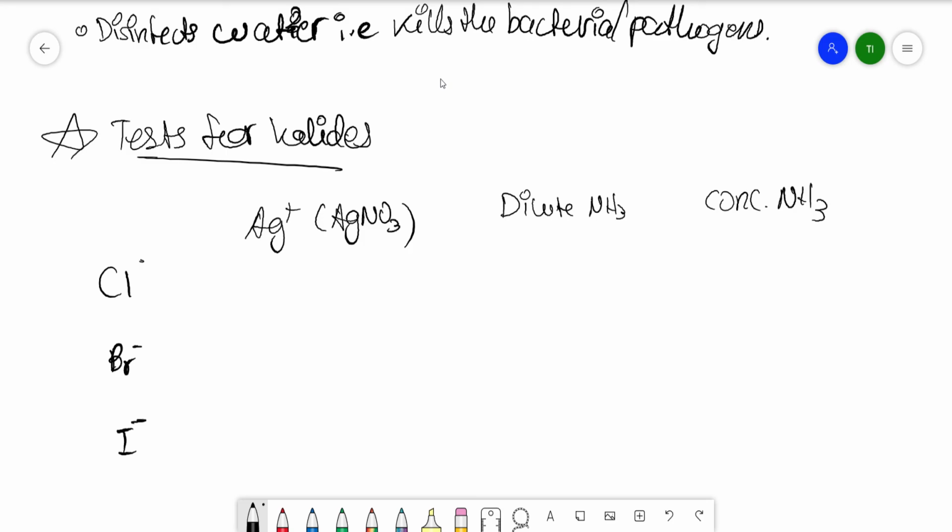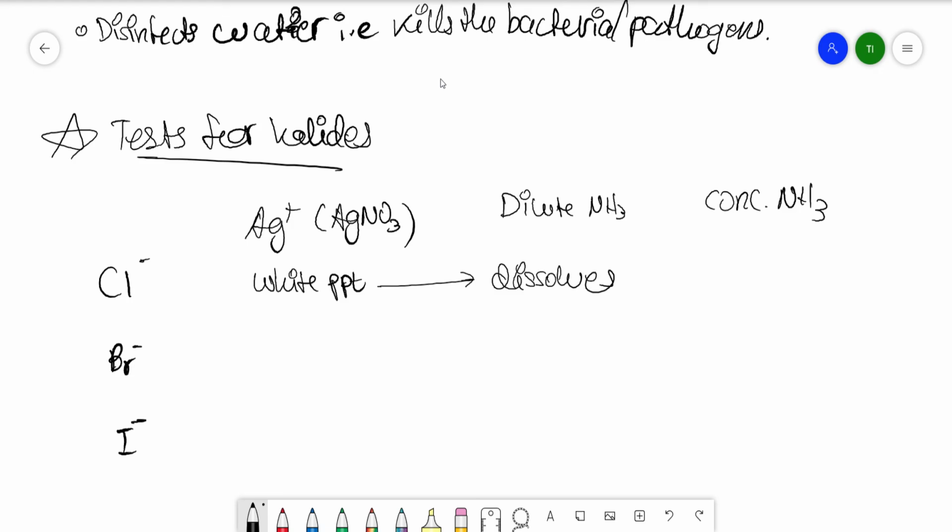So for Cl minus, whenever Cl minus reacts with AgNO3 or Ag plus, the result is a white precipitate, right? And when you react this white precipitate with dilute NH3, this precipitate dissolves.